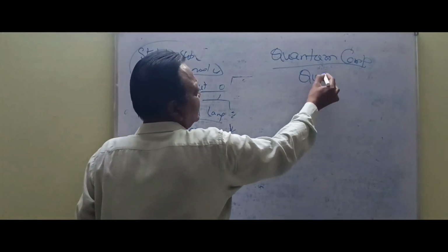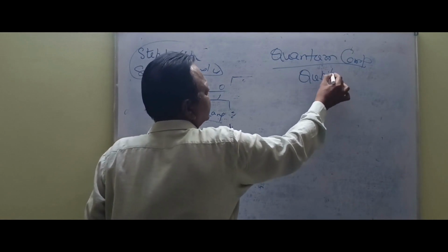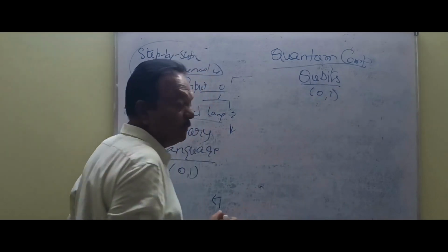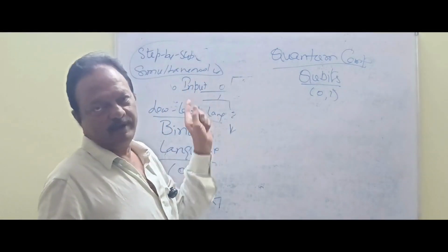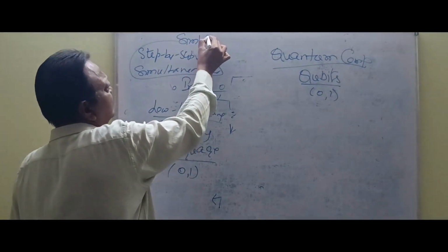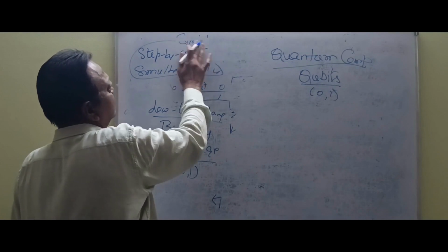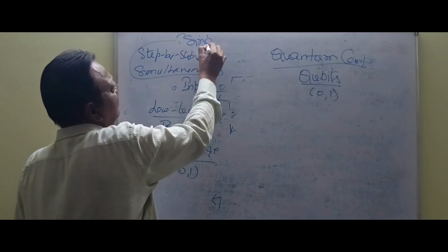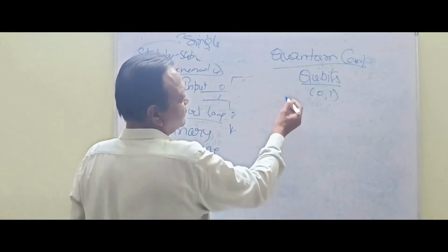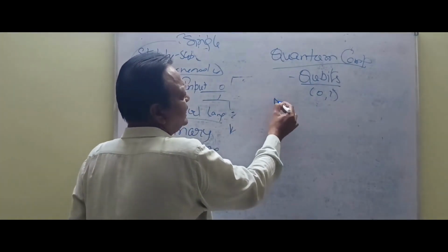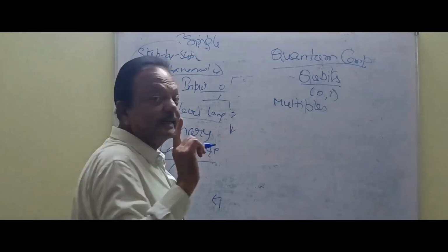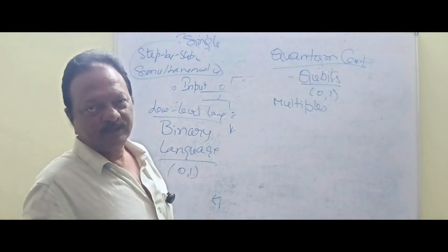It will take input information as qubits. Qubits are zeros and ones only, but they take multiple values. A classical computer will take a single value. Here, the quantum computer using qubits will take multiple values at a time. Understood?